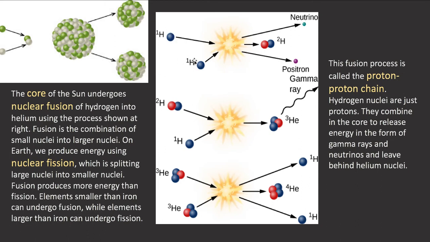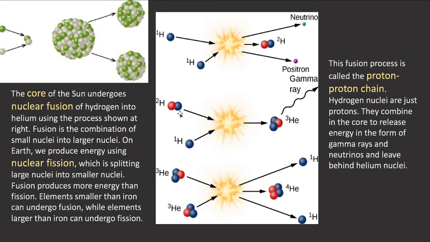You have hydrogens coming together to create deuterium, and in that process, a positive charge gets released and a neutrino gets released. We're not going to talk much about these; they're not material to what we need to know, but they are created in the reaction.